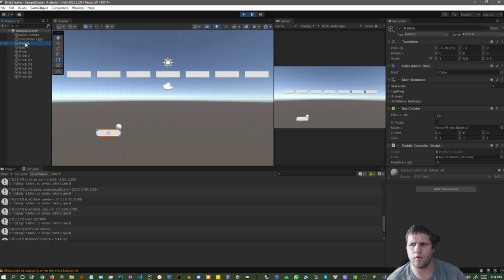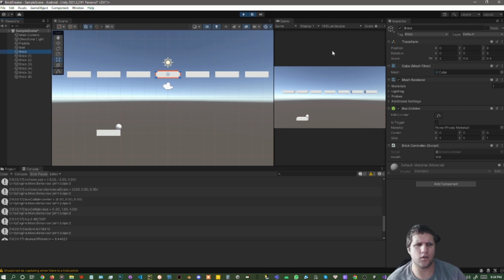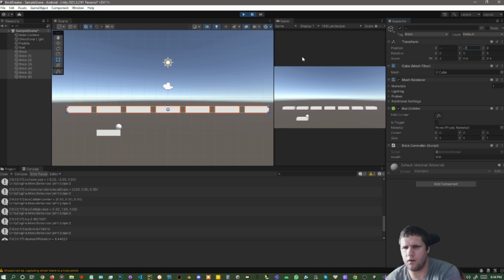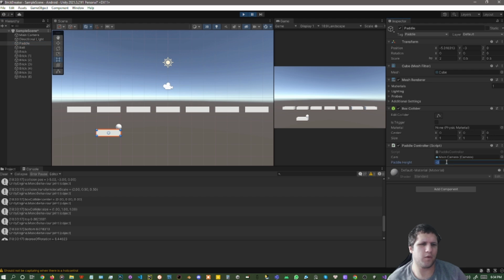Could it be rotation? So what if I took all of my bricks and put them at -1, but I took my paddle and I put it at 5.